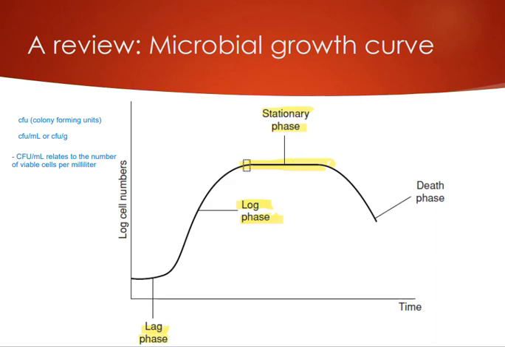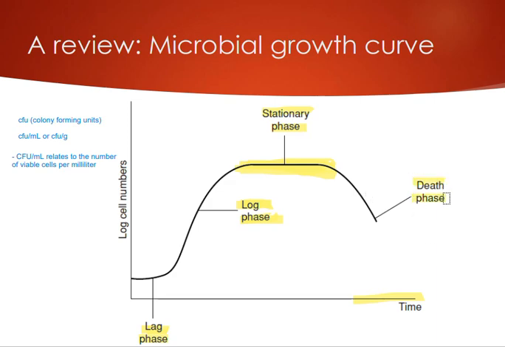So the bacterial cell growth already reaches a plateau, where the number of your dividing cells will be equal to the number of your dying cells. Then, with further extension of the time, you have here the death phase.